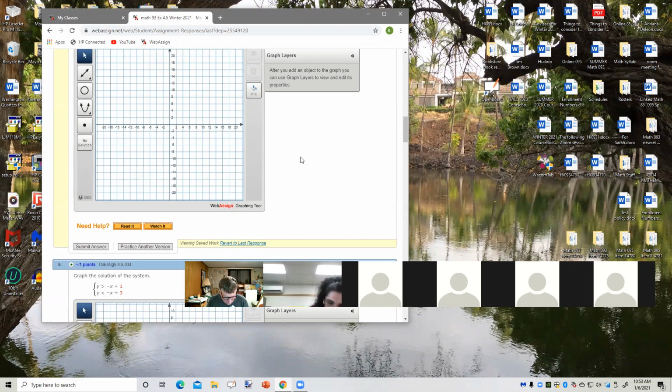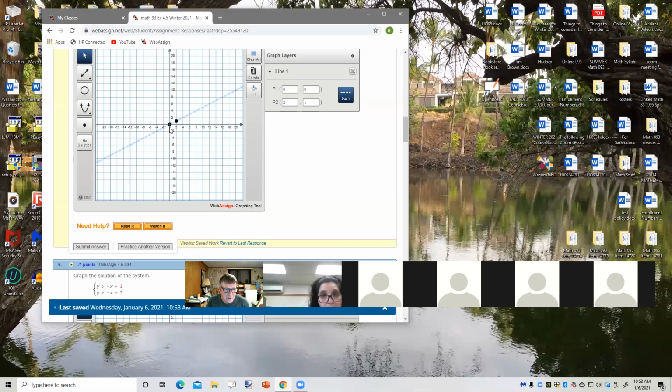Now, the first one, which was 2x minus 3y less than 0, we established the point 0, 0 and 1, 2/3. Okay, and that was a dotted or dashed line. Now, I'm not convinced that that point got put at 1, 2/3. So I'm going to click on the line. Oh, it didn't. I had 0, 0, and then, oh, part of my mistake was the scale. Look at that.